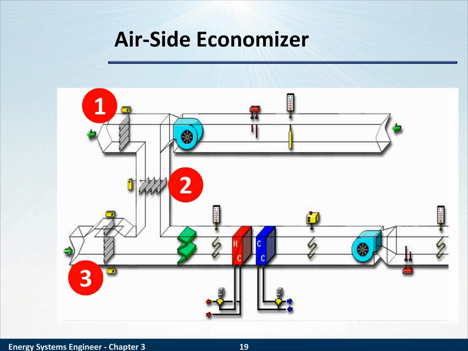In an economizing control strategy, which of these dampers could you afford to leave open? 1, 2, 3, multiple? Well, the answer is 1 and 3. And which could you afford to close a little?